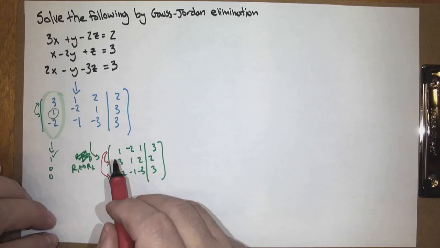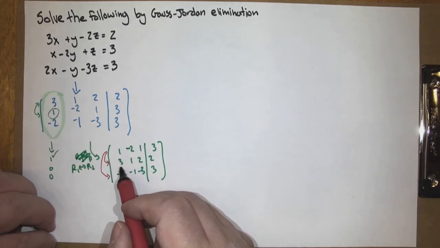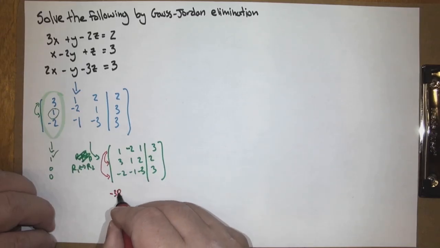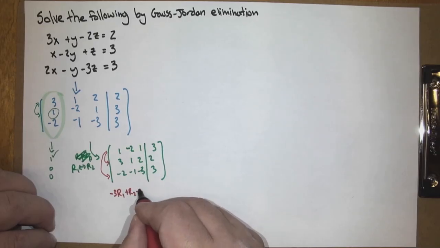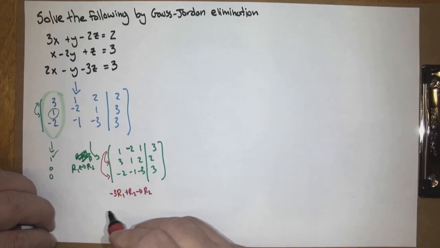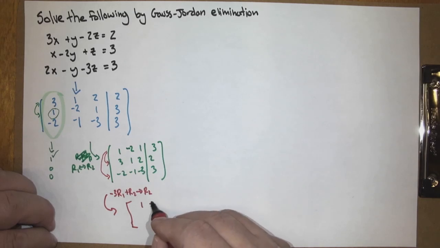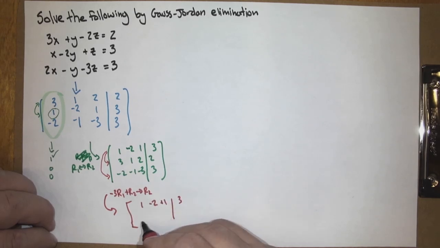So how much do I have to multiply the first row so that when I add it to the second row, I knock out the 3? Negative 3. So negative 3 times the first row plus the second row becomes the new second row. All right, so we'll do this a little bit slowly. That says we're not changing the first row. Whoops, I've got to be careful there.